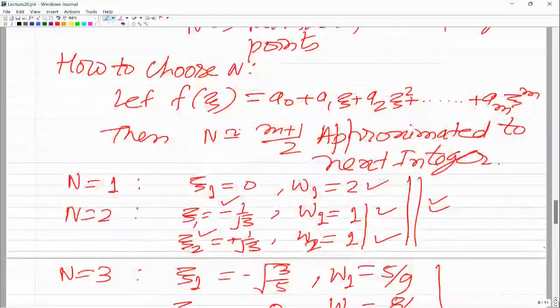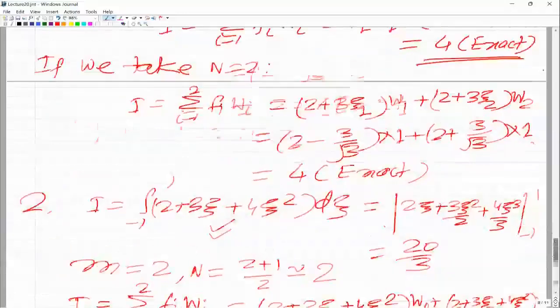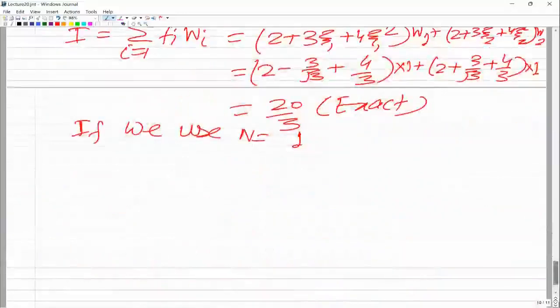If we use this, then also the answer would be 20 by 3. So if we use more points, we get the same value of the integral, but if we use fewer points, then we under integrate.